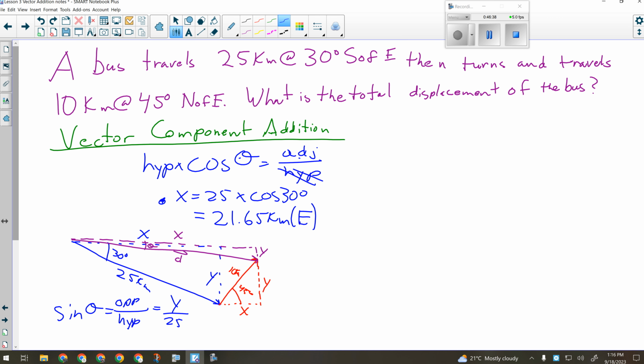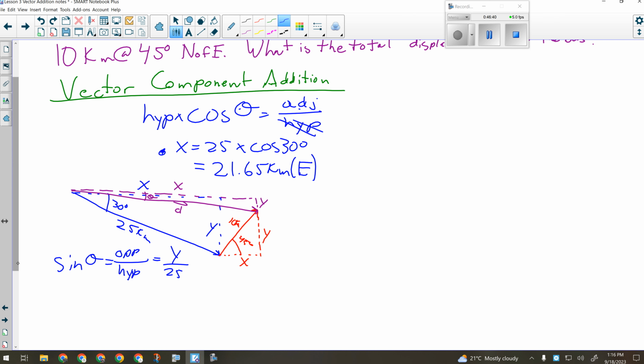Okay, so if I want to solve for y, I'll move it over, and I'll have 25 times the sine of 30 equals the opposite side, which will be 12.5 kilometers south.